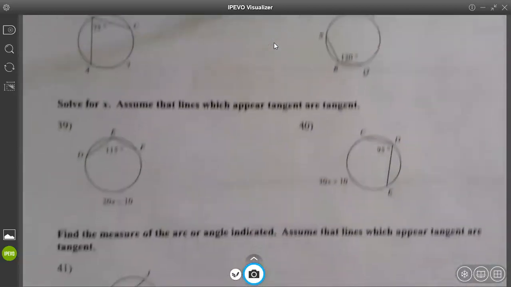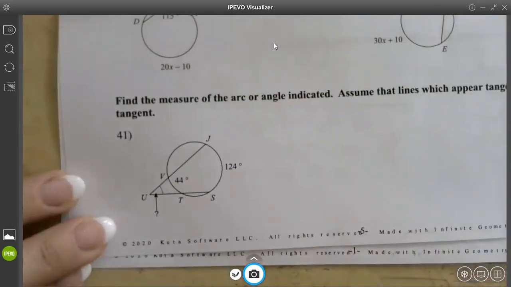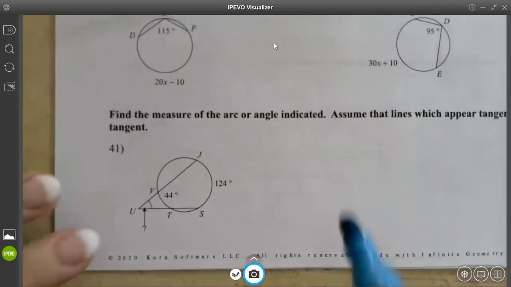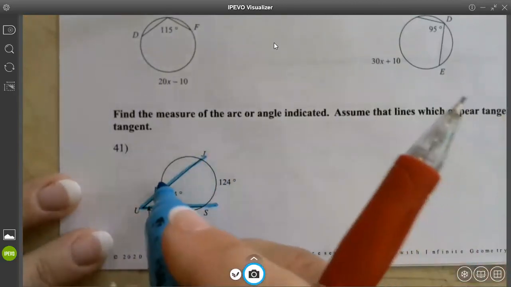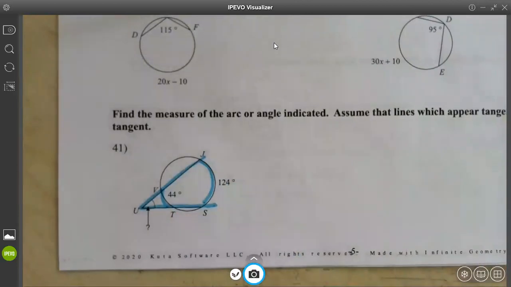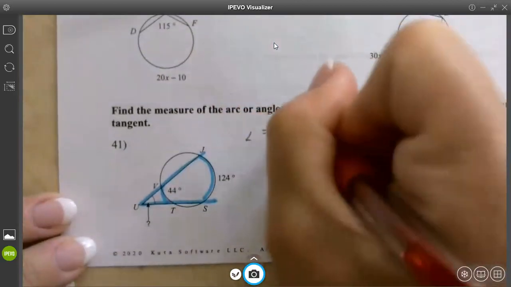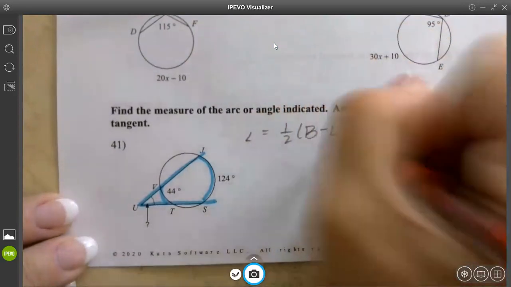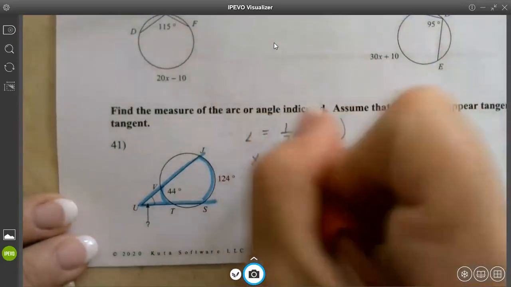Okay, let's drop down here. How many arcs are inside the angle? Here's your angle. How many arcs are inside? 2, right? So this one is where you subtract. Angle equals half of big minus little. So we don't know our angle.